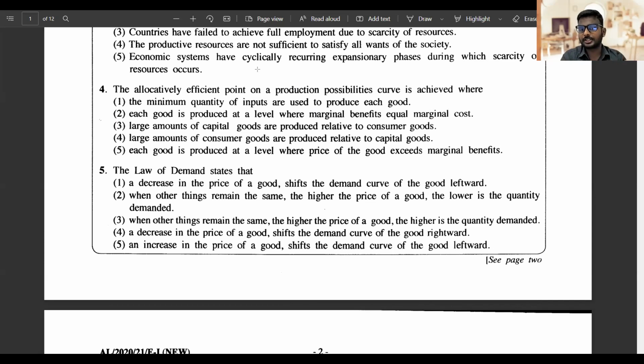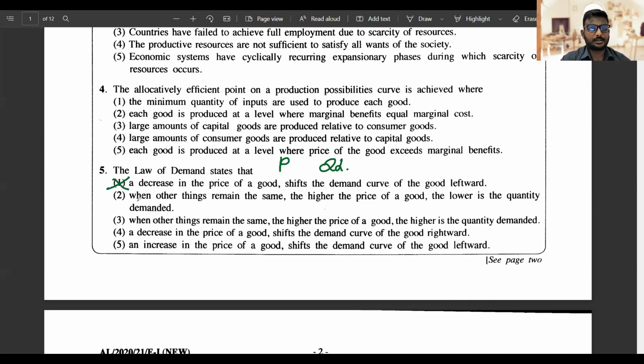If the curve is shifting, that means it's a change in demand, a decrease in demand. And last session we learned, or yesterday I put the link of the seminar session, that if the demand curve is shifting to the left or right, that means the price of the product is constant. But the law of demand only talks about the price of the product and quantity demanded, nothing else. So price has to change. That means the curve doesn't shift when price changes.